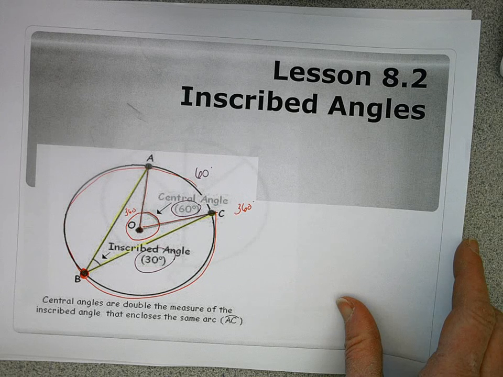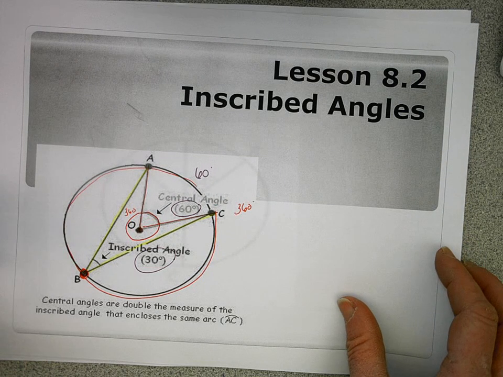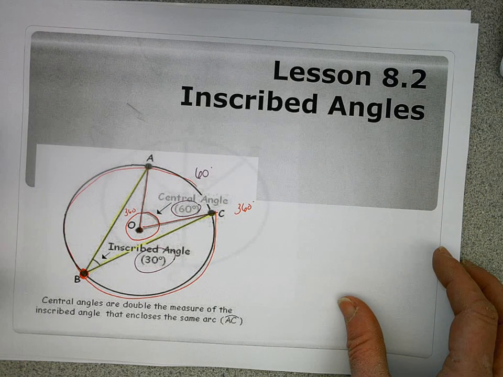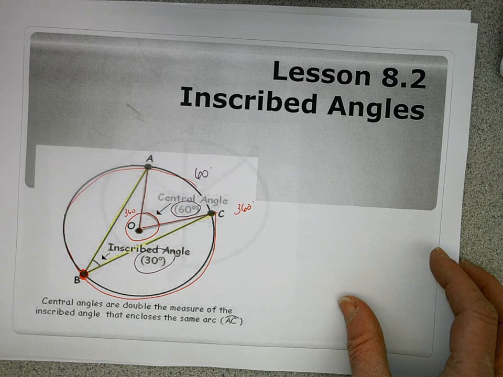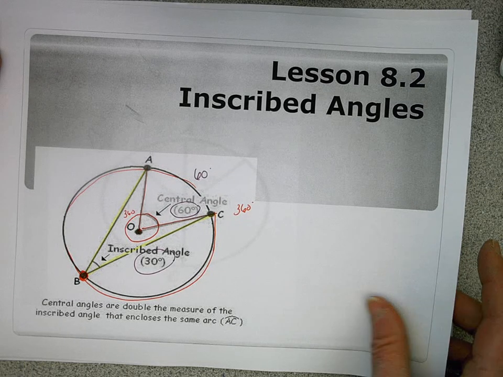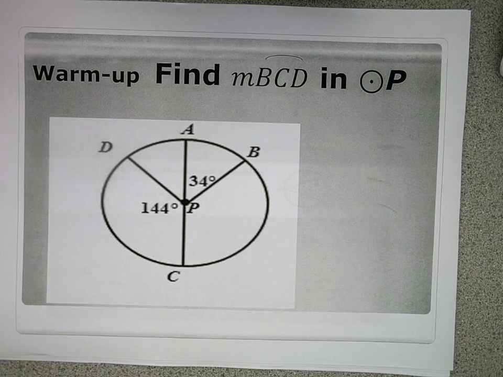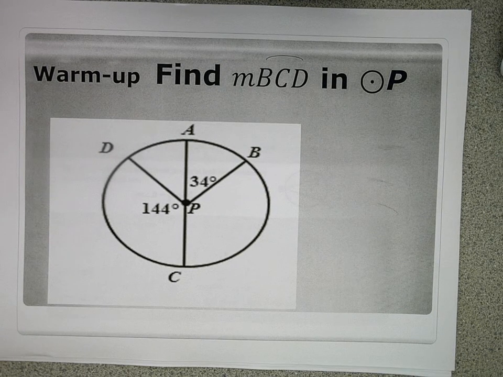For me, I do a lot of highlighting to see where the angle is going and what arc goes with it. You don't have to use a highlighter, but you may want to use a pen or something to help you trace. There's a warm-up at the beginning of your notes. I put a warm-up at the start of almost every lesson.